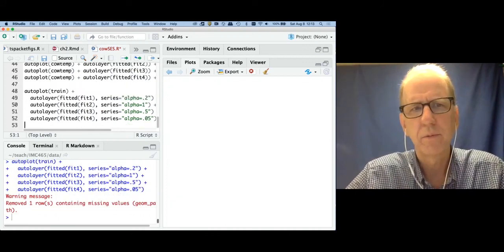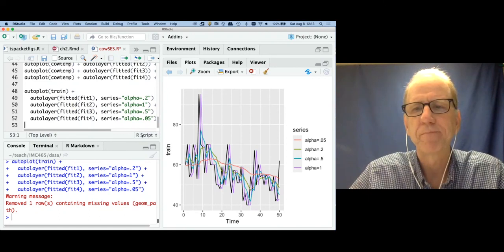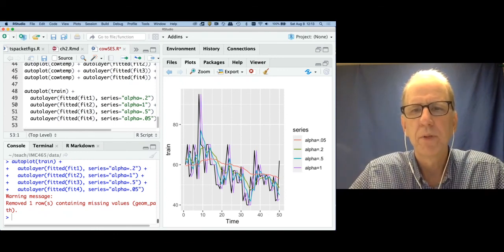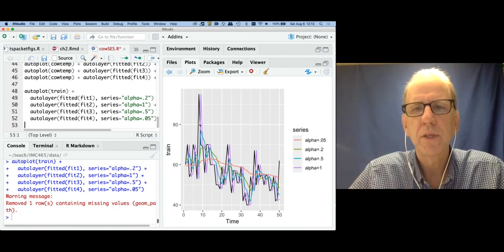If you want, we could compare all of these on one plot. And so I think this makes it pretty clear. There's a lot going on in this plot, but the purple is the naive that follows every wiggle in the data. The blue one you see is smoothed a bit more, but it has a lot of wiggles.